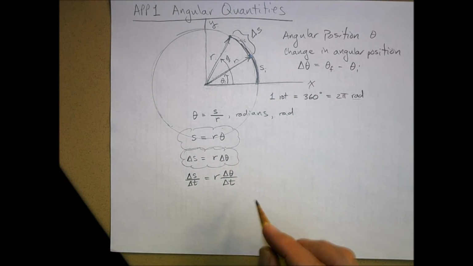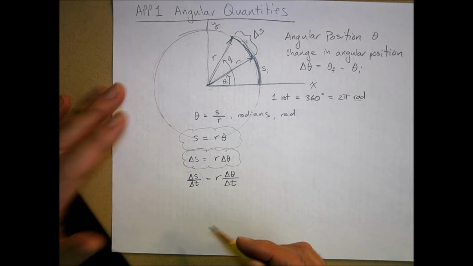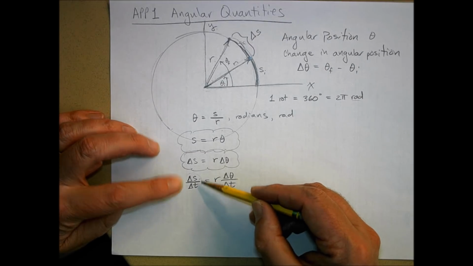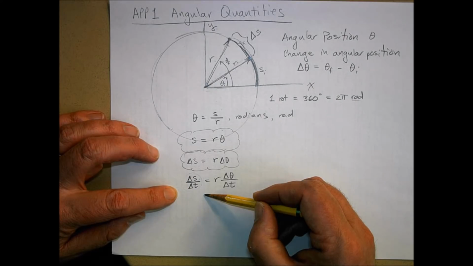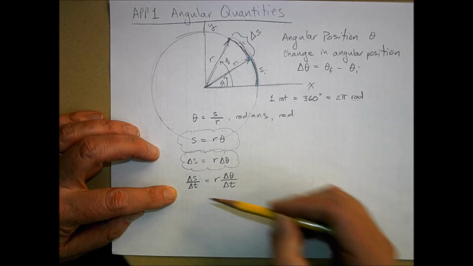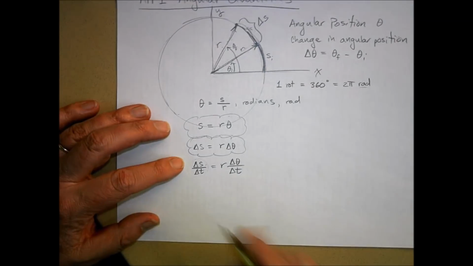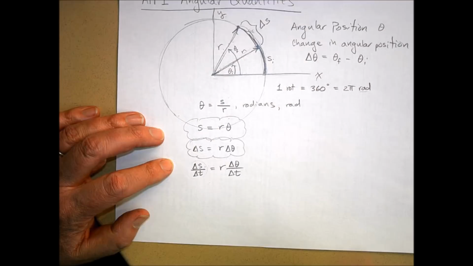And so this right here, delta S over delta T, now look, this is a distance over time. What do we call distance over time? We have a name for that. It's not velocity, it's speed. So this is our speed, our linear speed, the speed at which this thing is traveling around this circle.